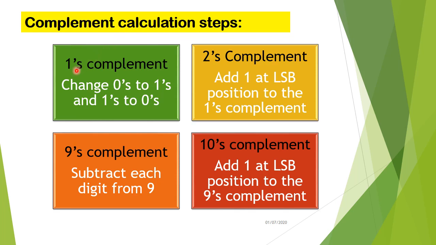First we will see the procedure by which 1's complement is obtained. It's very simple. We simply replace 0 by 1 and 1 by 0 in the originally given binary number, and we obtain the 1's complement.